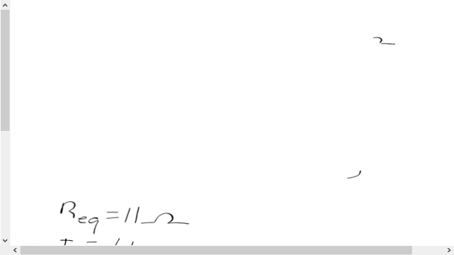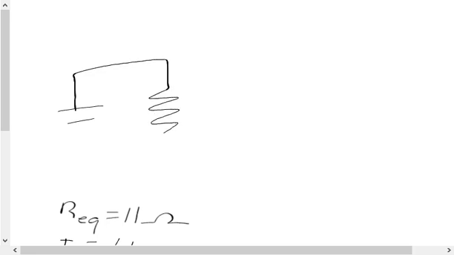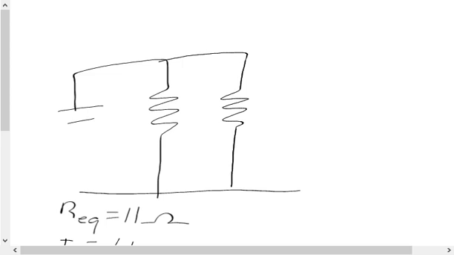Okay, so parallel. Let me do the same sort of thing with a parallel circuit. So I've got a battery, and I'm going to draw a parallel circuit. And there's more than one way to draw this parallel circuit.